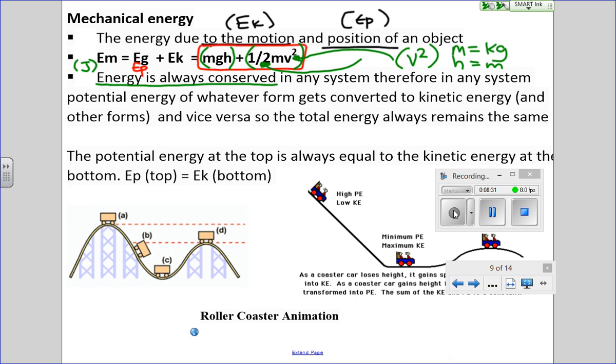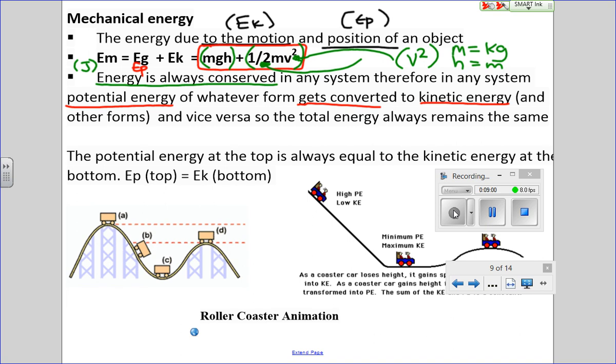Now, since our focus is things that are moving, that's what our topic is here in Science 10, when we're talking about energy conservation, we'll be talking about potential energy of whatever form, chemical, elastic, or gravitational, getting converted to kinetic energy.